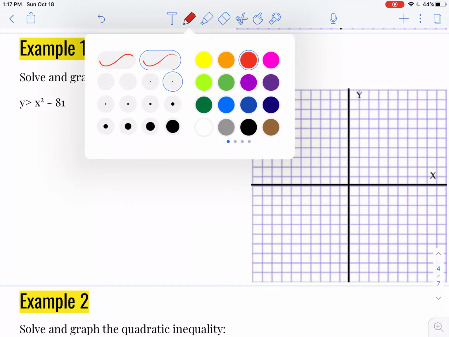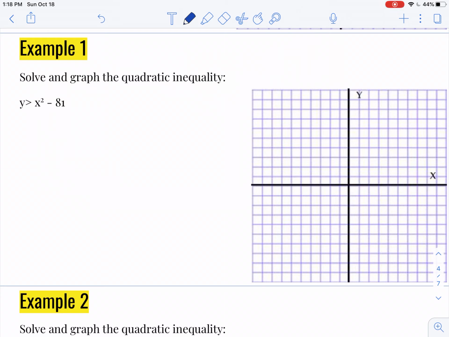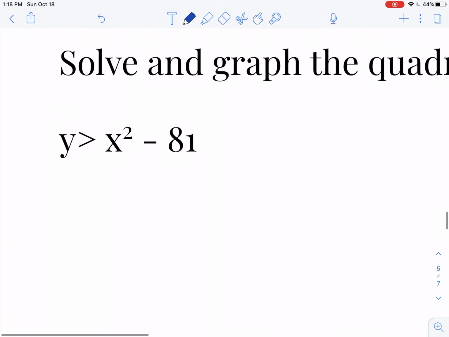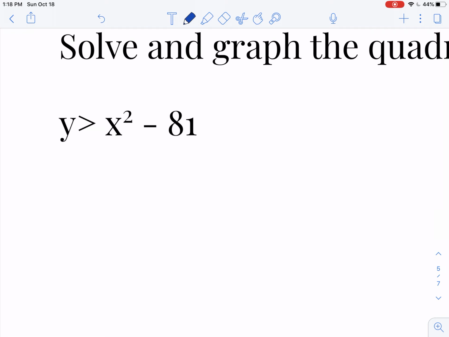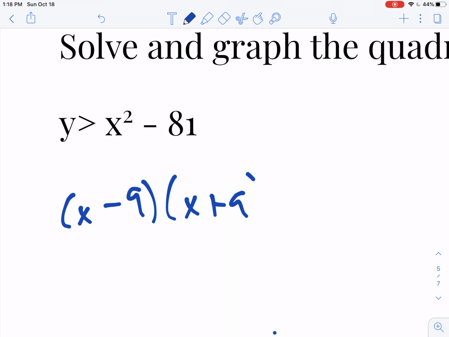So I've got y is greater than x squared minus 81. This is a really, really quick quadratic to draw. First of all, it's just a transformation shifted down 81 units. Also, I can go ahead and factor this as x minus 9 times x plus 9.